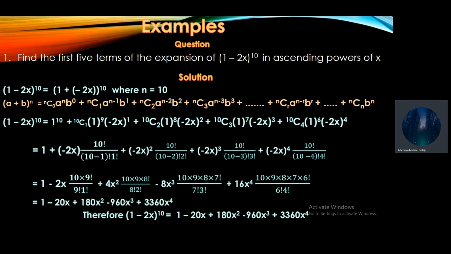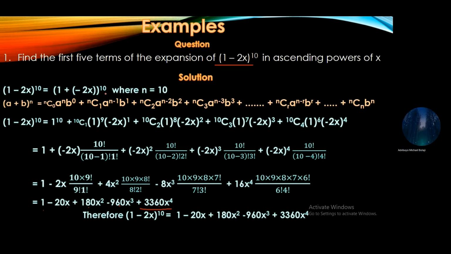So you must be very, very fast in calculating these numbers to get your values. Okay, so we have minus 960x cubed, and in this last part we have plus 3360x raised to the power of 4. In this case, we have satisfied our question, which says find the first 5 terms of the expansion of this. Is that okay? And if we count these: 1, 2, 3, 4, 5 terms. Is that okay? So this is generally how to solve questions of this form.